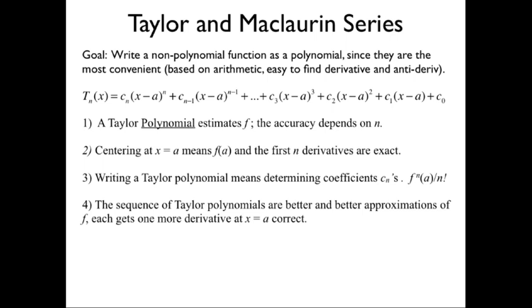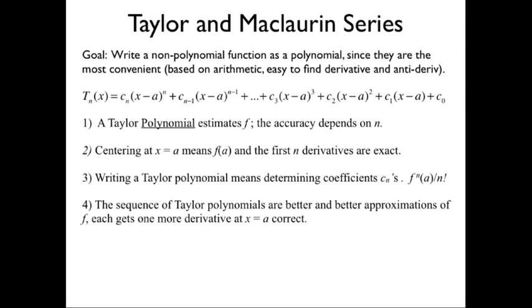Then the next Taylor polynomial gets the function value right and also the first derivative, right? So it's the tangent line. The Taylor polynomial of degree 1 is the tangent line. It gets the function value right and it gets the first derivative right. And so on. Every time you do the next Taylor polynomial, you get one more term, a higher degree of n. You get more and more correct at a, and you get a bigger and bigger neighborhood around a that's good.